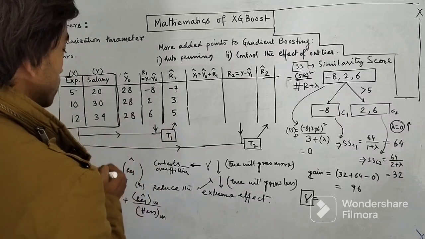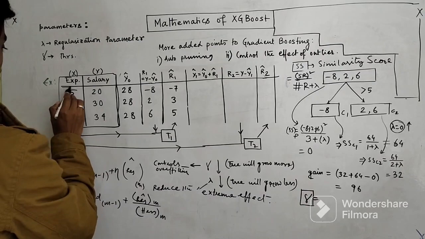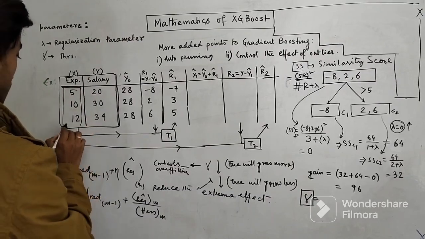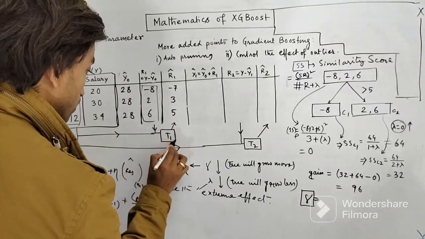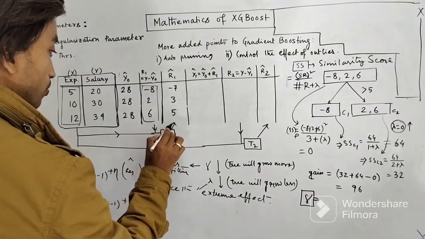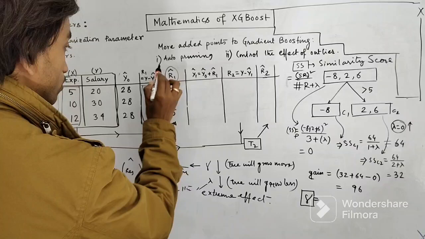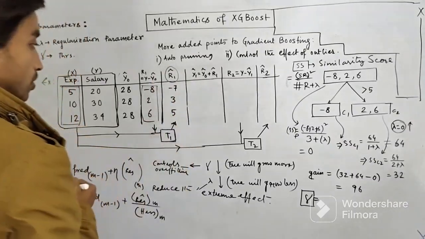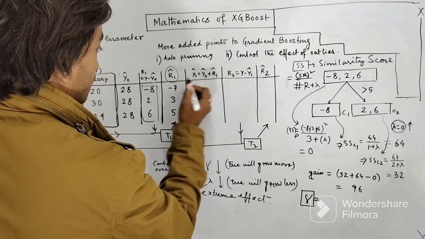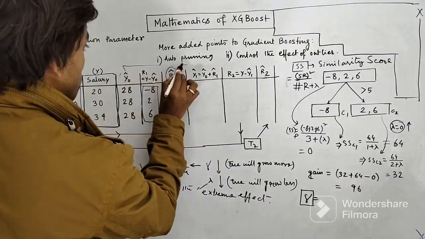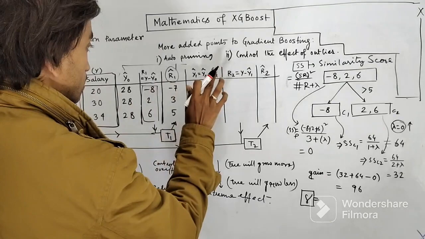Like this you will get the residuals. Based on x and the residual, you fit tree 1 and predict the residual 1 hat. Then what will be your y1 hat? That is nothing but this plus this.